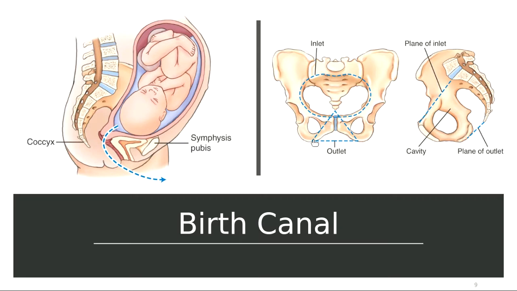We would take these images and measure the inlet and the outlet of the pelvis, and then measure the baby's head circumference, all with that Coulter-Sussman ruler. They would pretty much decide if the woman was going to be able to have the baby naturally or if they were going to have to perform a C-section.